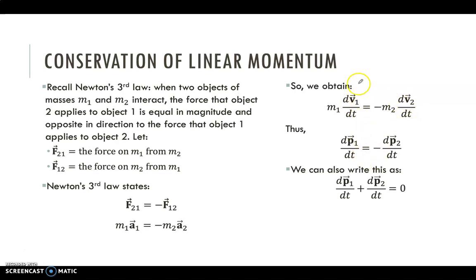Thus, we can also write this as dp1/dt, the change of momentum of the first one, is equal to minus dp2/dt. Or we can write them as dp1/dt plus dp2/dt equals 0. So this is the start of the conservation of linear momentum.